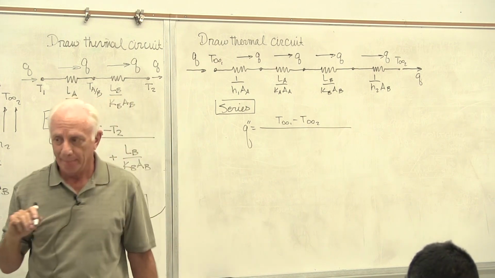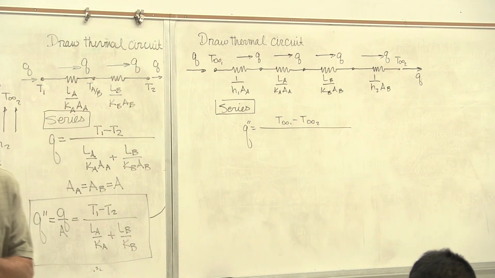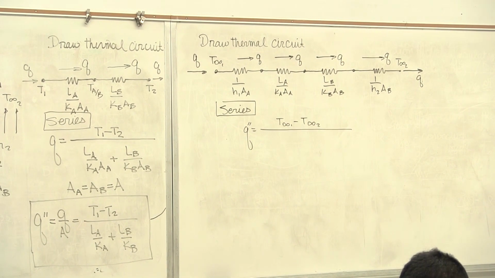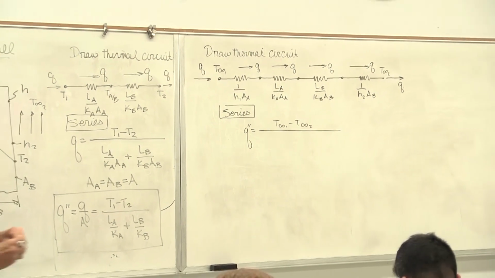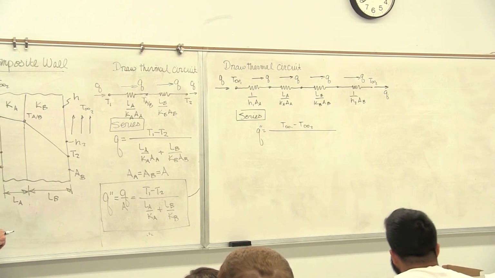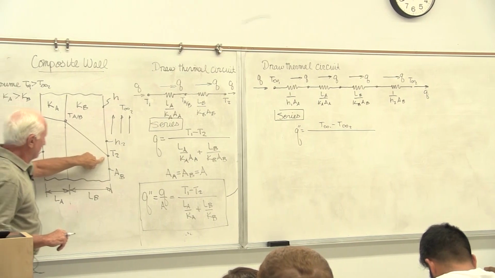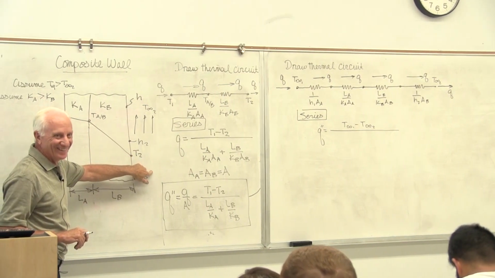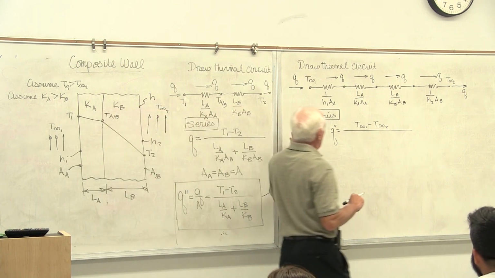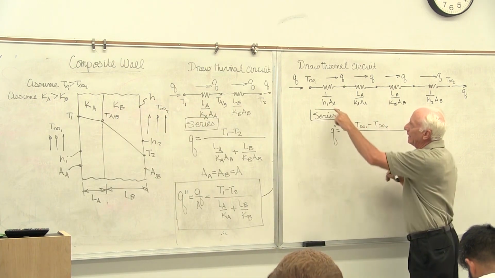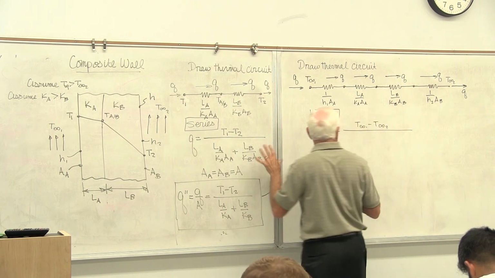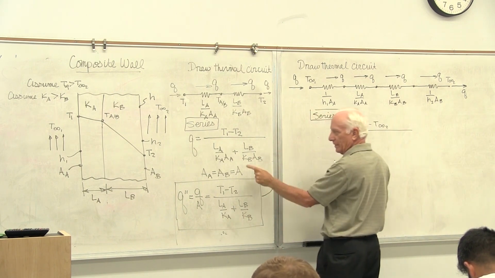Well, if you've got a convection, wouldn't T1 be greater than T infinity 1? T infinity 1 is greater than T1, is greater than TAB, is greater than T2, is greater than T infinity 2. So, yeah. Okay, all right, so the areas are all the same. A sub A equals A sub B, so divide by the area A, just like we did over here.